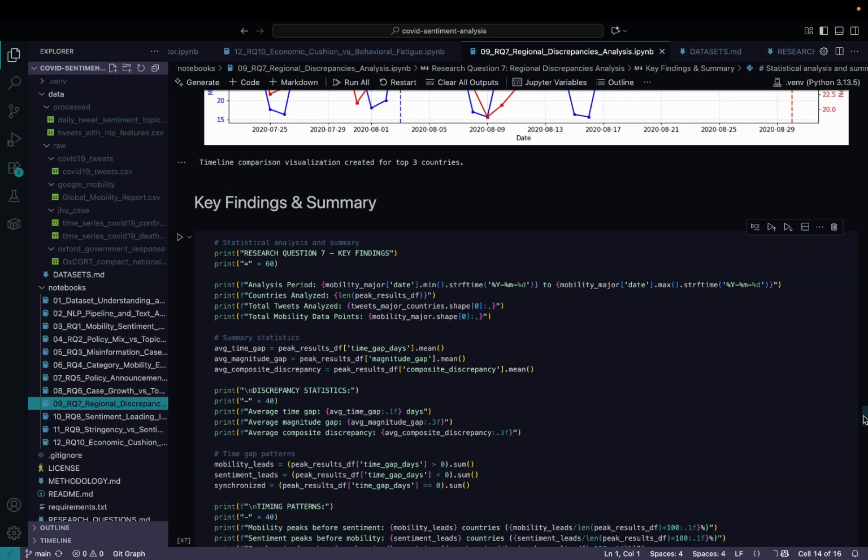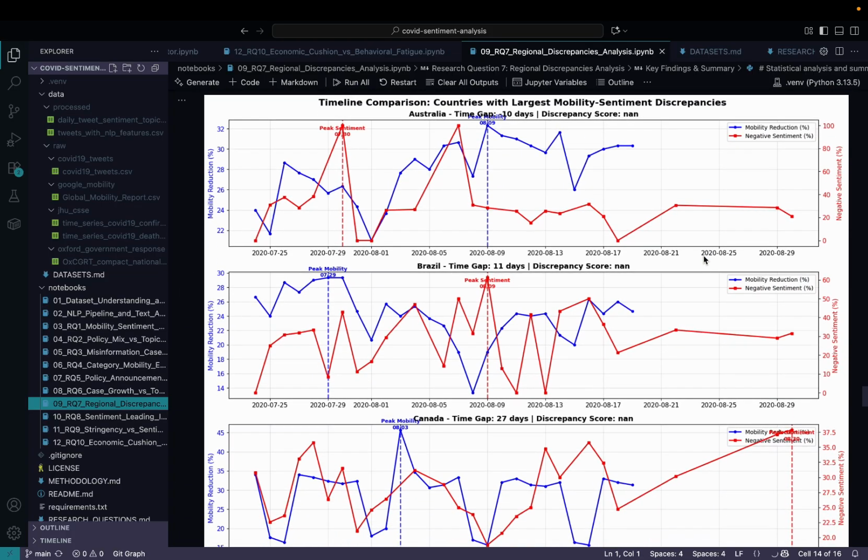After doing all the processing and calculations, we'll be visualizing it. So I'll move into the visualization now. This is a multi-panel timeline comparison, where the blue line is mobility reduction and the red line is negative sentiment. As you can see here, timeline plots compare Australia, Brazil and Canada.